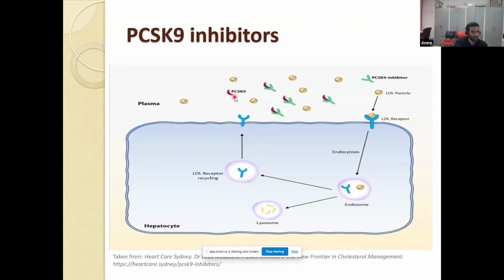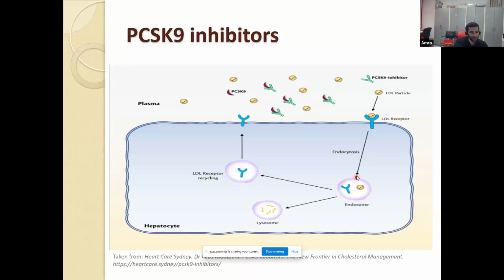What PCSK9 actually does is it binds to LDL receptors on the surface of the liver. And if we remember, LDL receptors are good. We want more of them because they suck in cholesterol. But PCSK9 binds to these LDL receptors, takes them inside the cell and destroys them.